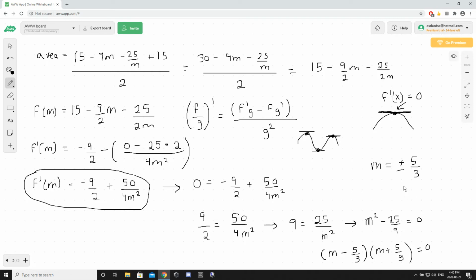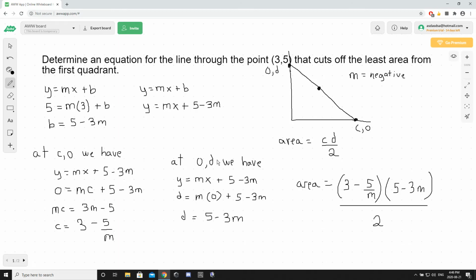Now we've determined that they're equal to 0 at two possible places, plus or minus 5 over 3. If you think back to our first slide, we've already determined that m is going to be negative, right? Because that way we get that negative slope, and we get a defined quantity of area that's cut off.